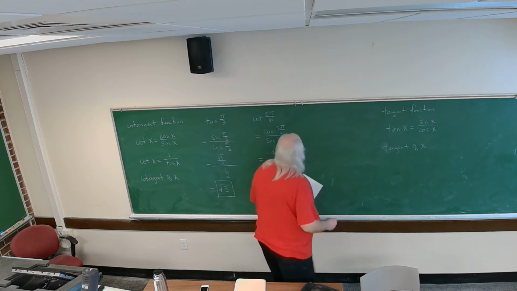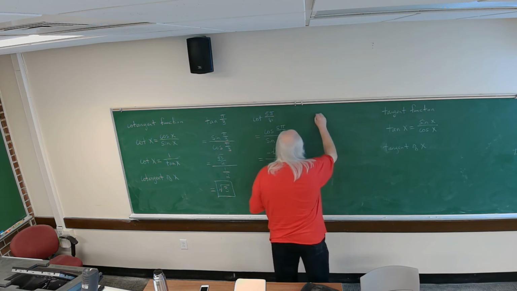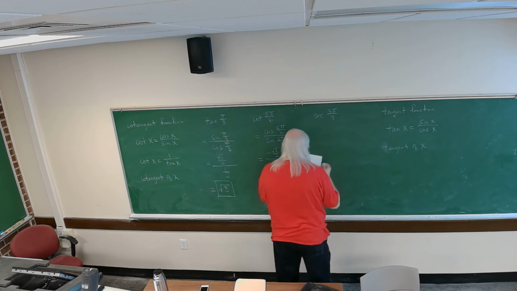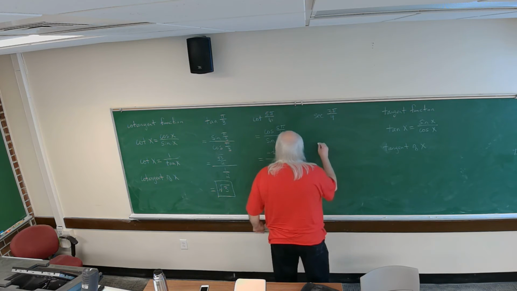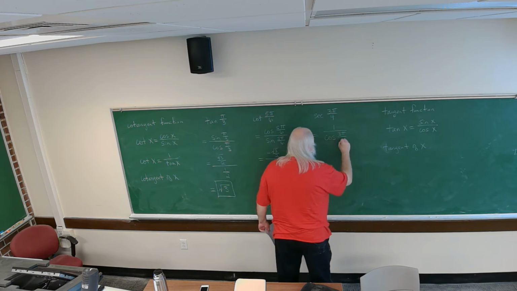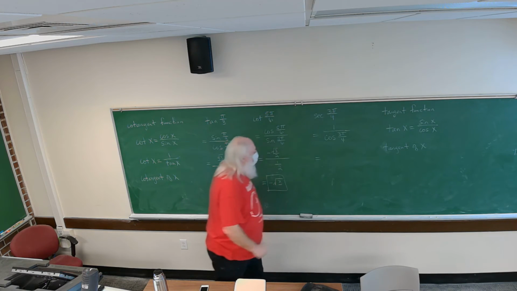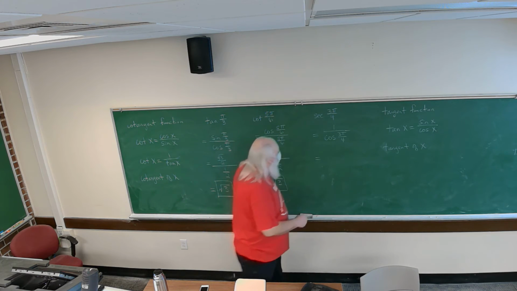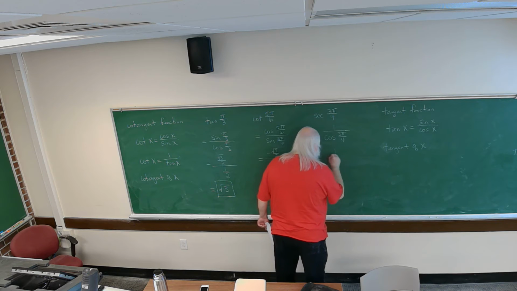In C, we have the secant of 3 pi over 4. And by definition, that's the reciprocal of the cosine function. So that's equal to 1 over the cosine of 3 pi over 4. And from the unit circle, the cosine of 3 pi over 4 is minus square root of 2 over 2.